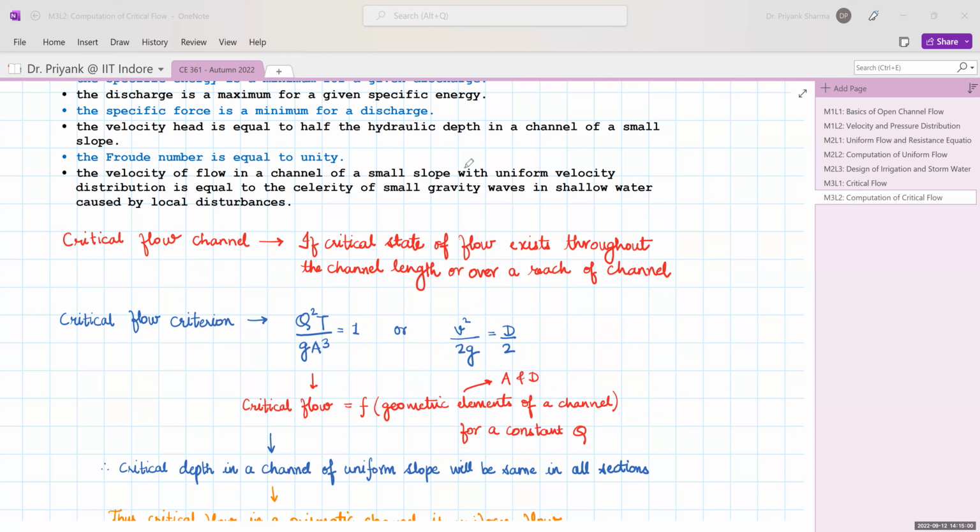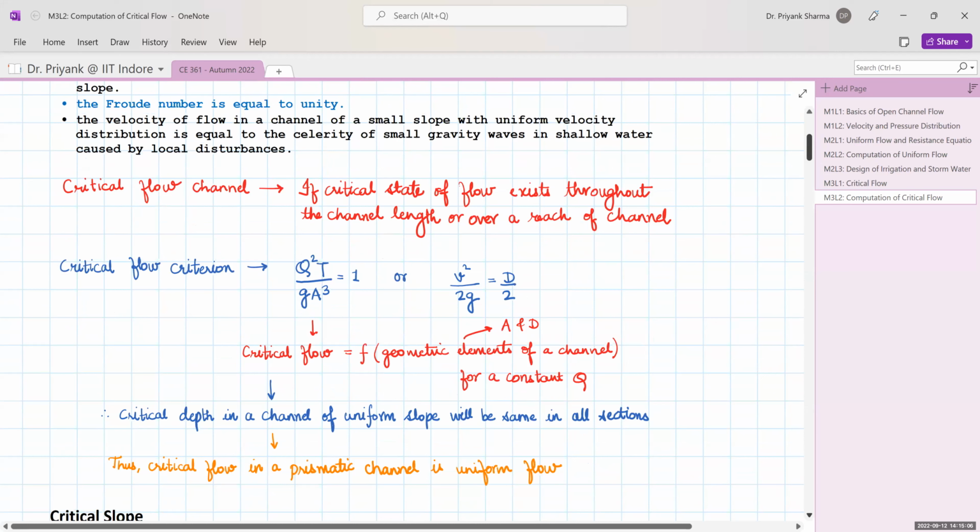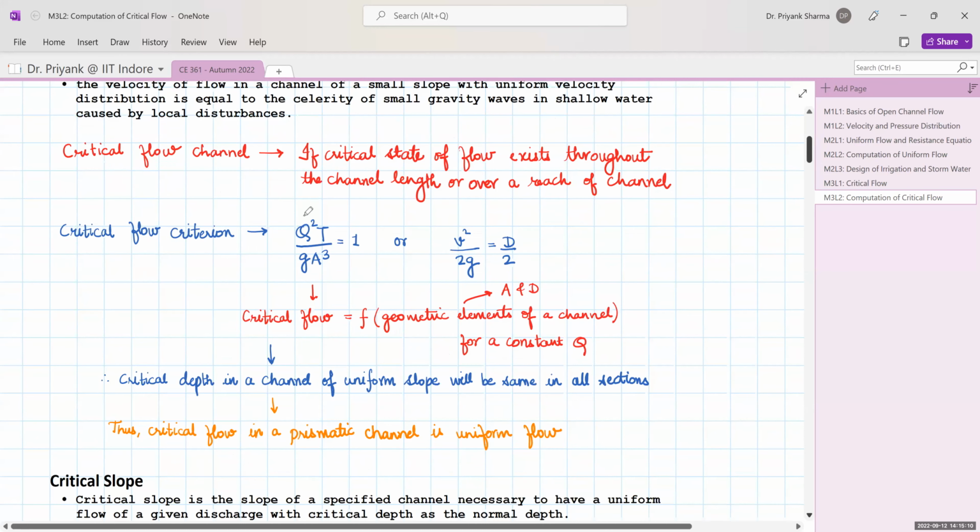We can see that the critical flow is a function of the geometric elements of a channel for a constant discharge. In this equation, if Q is kept constant, it depends upon T and A, which are nothing but the geometric elements. For a trapezoidal channel, you may have y, b, m.